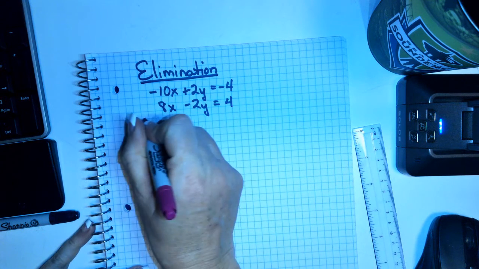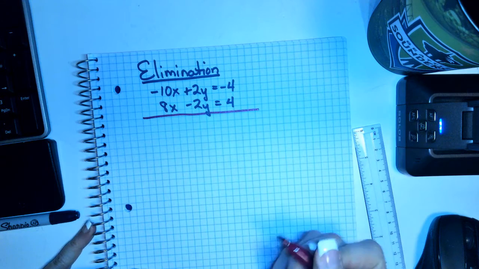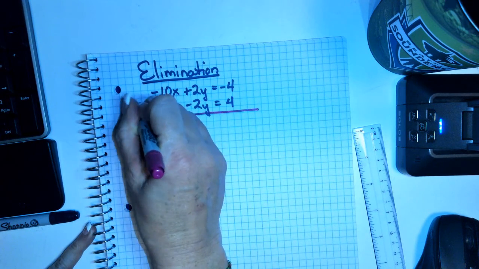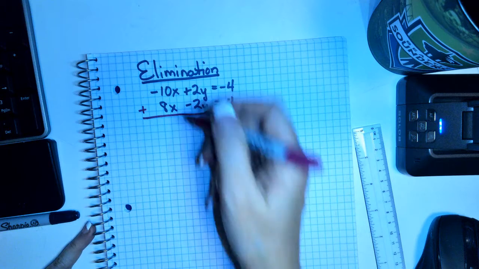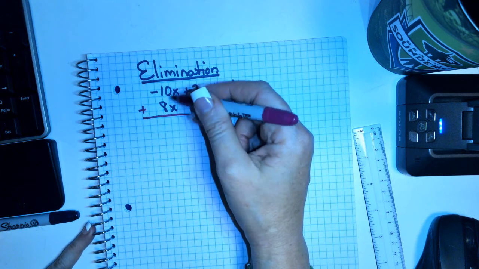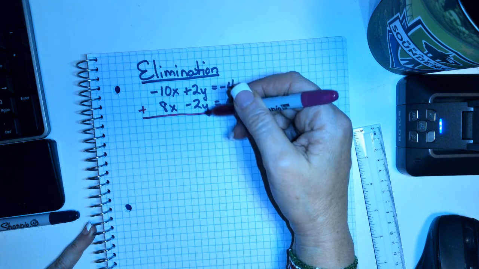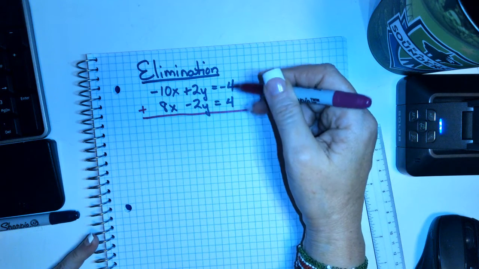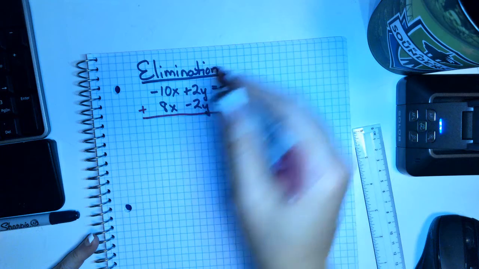So let's look and see what happens when I add these two equations together. Now remember, I can only add like terms. So x's can only play with x's, y's can only play with y's, constants can only play with themselves.